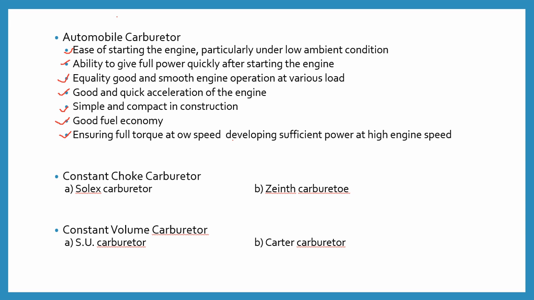In the constant choke carburetor, the air and fuel flow areas are always maintained constant, but the pressure difference or depression which causes the flow of fuel and air is varied as per the demand of the engine.